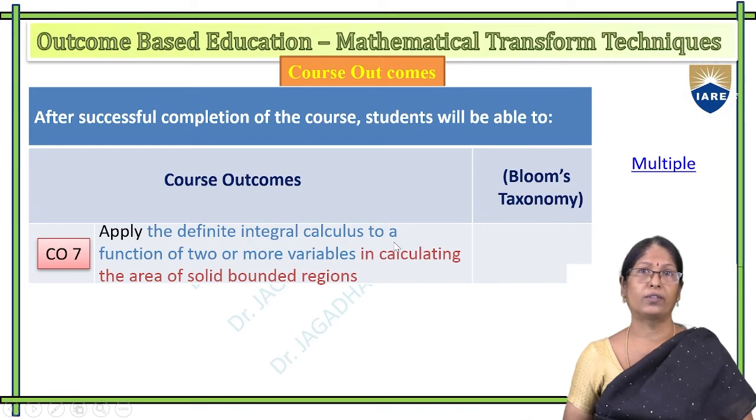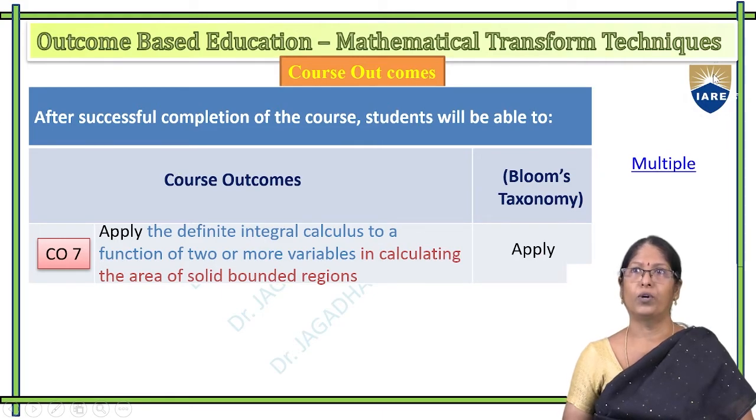So the calculus extends to a function of two or more variables, from definite integral to multiple integrals. Two means double, and if it is more, that is triple integral. In calculating the area of bounded regions, it is understood that if it is more, triple, that is volume of bounded regions. So now the Bloom's levels are applied.